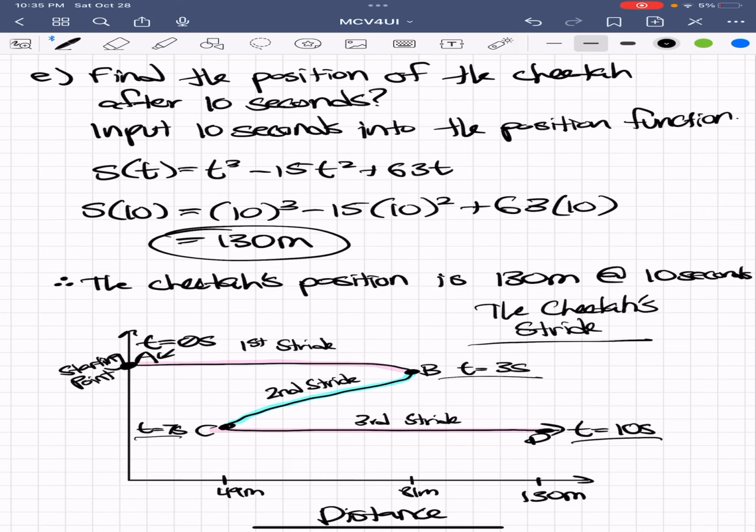So that's point A, point B, point C, and point D. So we have first stride, second stride, and third stride as well. And then we have everything here. So we'll circle our therefore statement.